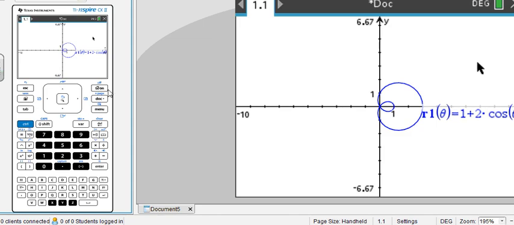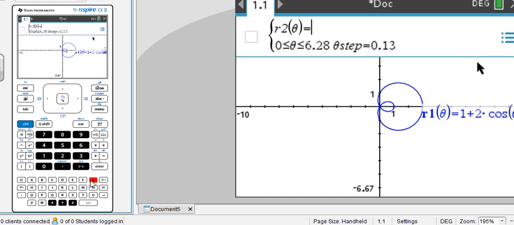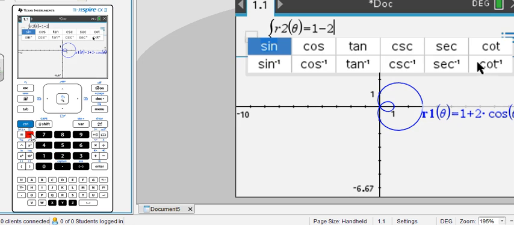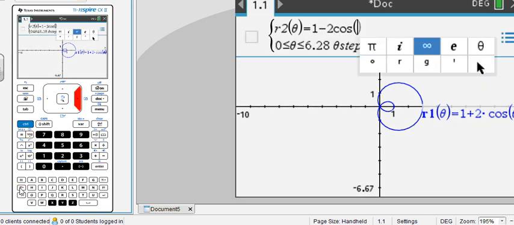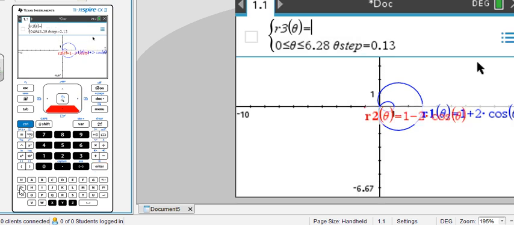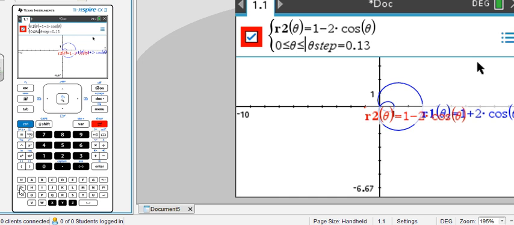And now I'm going to pull up a second graph. So Control G. This time I'm going to have to make some changes. So 1 minus 2 cosine theta. And I want to change this from 0 to 2 pi to 0 to 360.